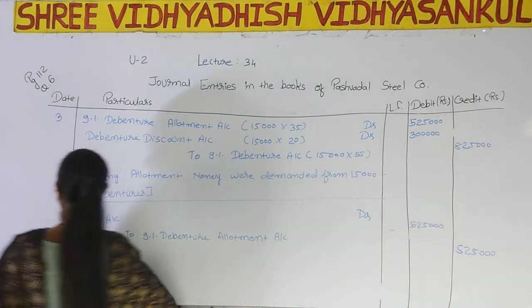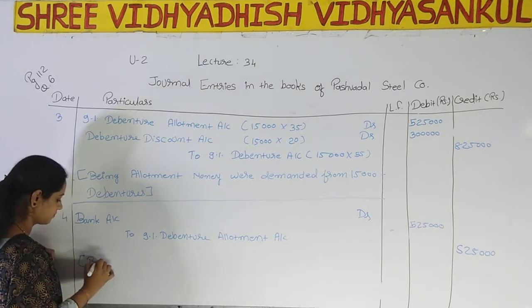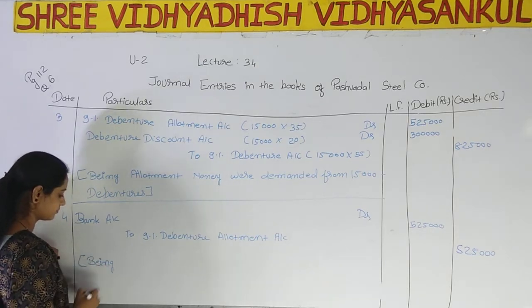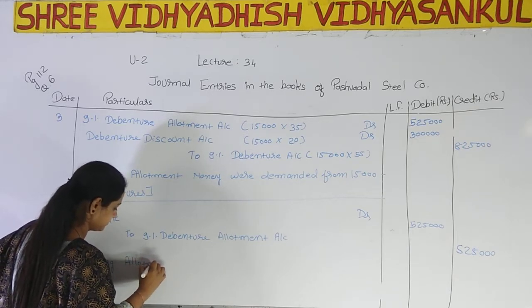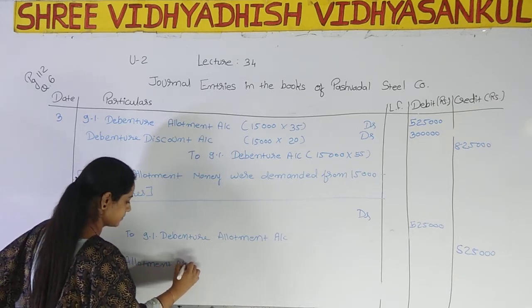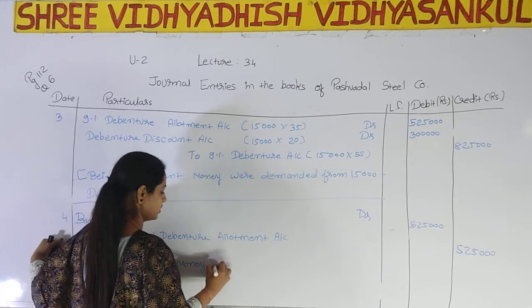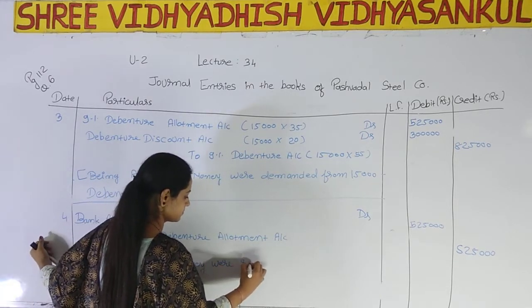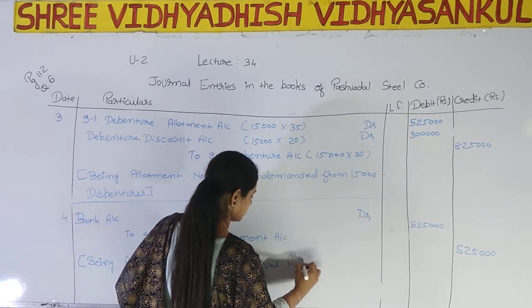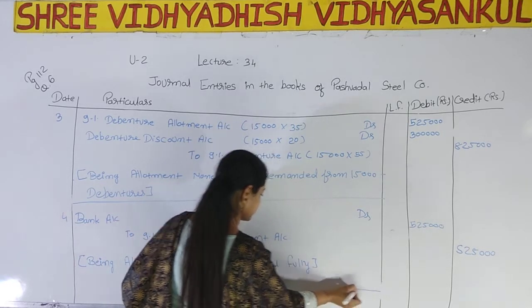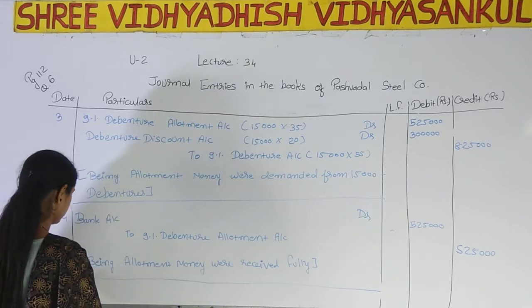In the bracket, we have to write: Being allotment money were received fully. Bracket over, underline, leave one line.